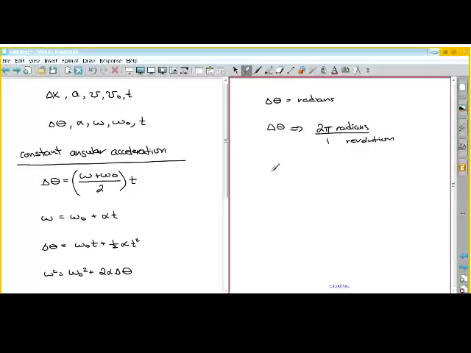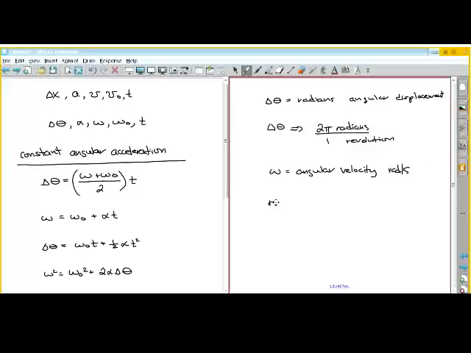You also have that delta theta is your angular displacement, as units of radians. Omega is your angular velocity, and it has units of radians per second.